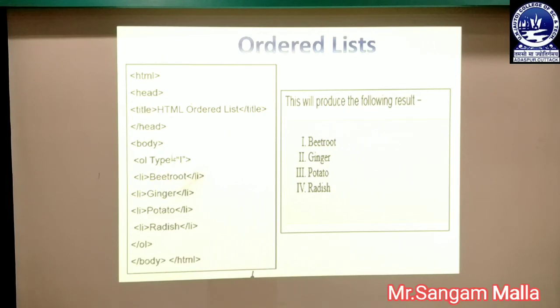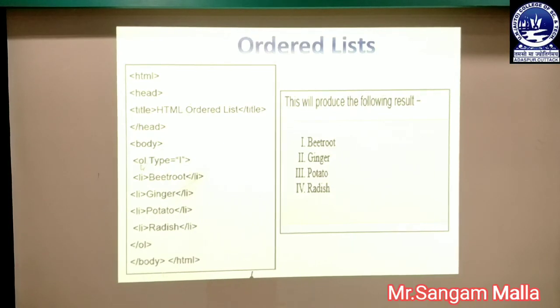Then all the list items will have numbered bullets, where in place of capital I we will have capital A, then capital B, then capital C, then capital D. In this way the values of the type attribute are reflected on the OL tag, that is the ordered list tag.